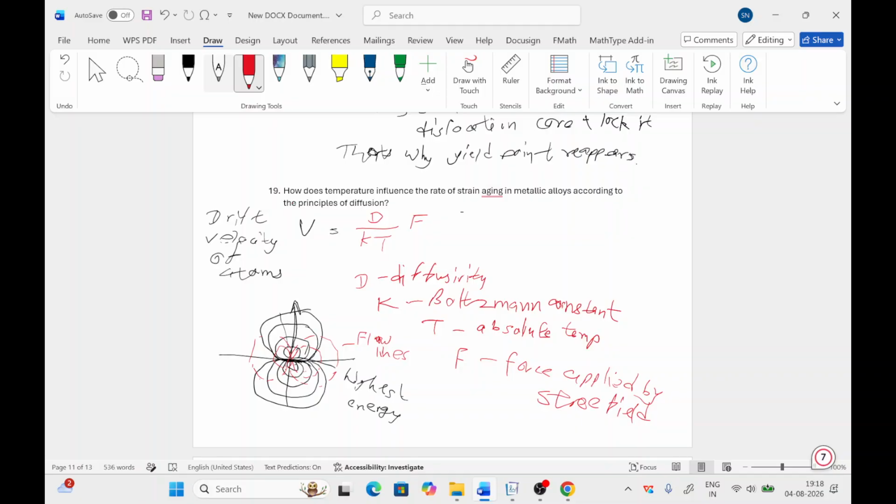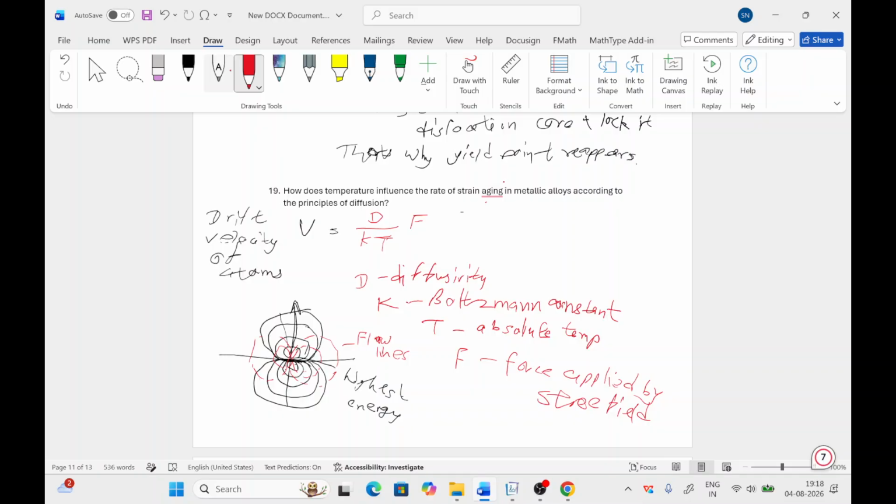So with temperature, the strain aging: as we apply the temperature, diffusivity will be high. So the drift velocity of atoms will be more, and that can impede the dislocation core easily.